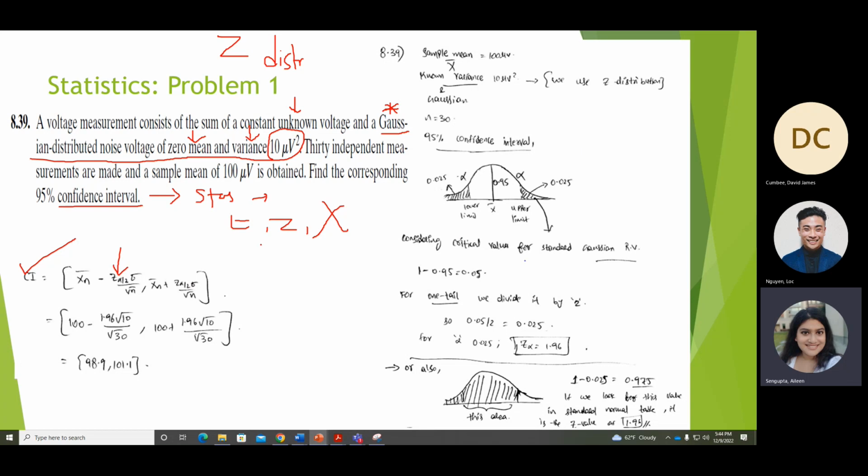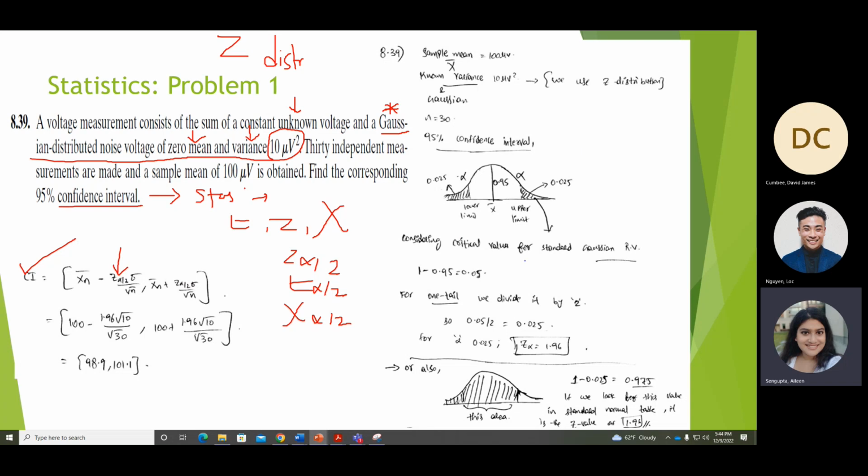Even before you end up with the CI formula, you will find out the Z of alpha by 2, or T of alpha by 2, or chi of alpha by 2. You have to find this out before you start finding the CI. That is why it's important.